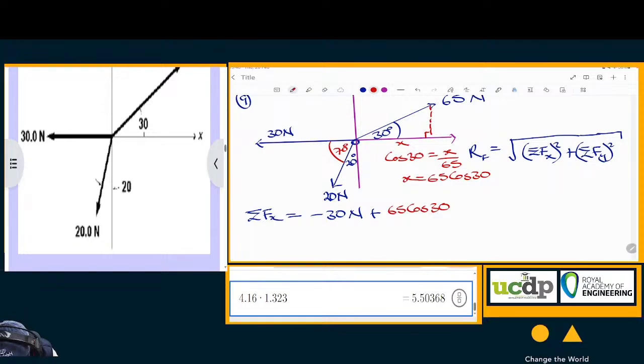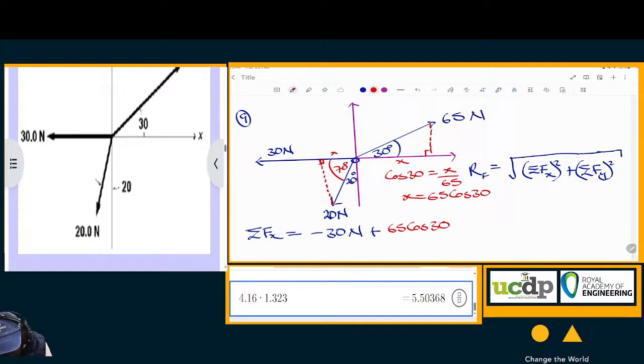So you've got your x there, which is your adjacent, and your hypotenuse, which is 20.